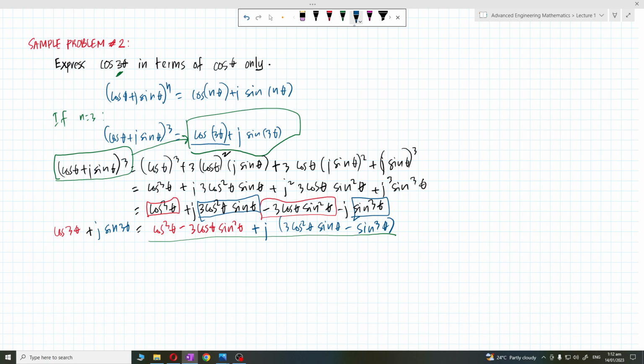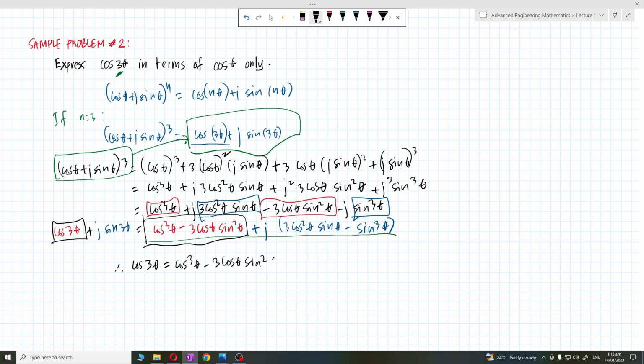The next step is to equate same parts: to equate cosine 3 theta to this part, cosine cube theta minus 3 cos theta sine squared theta. So therefore, the equivalent expression for cosine 3 theta is equal to cosine cube theta minus 3 cos theta, then sine squared theta.